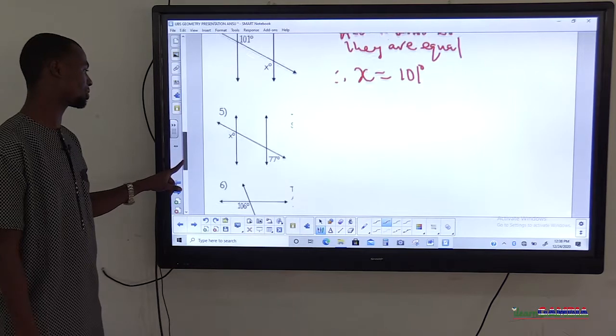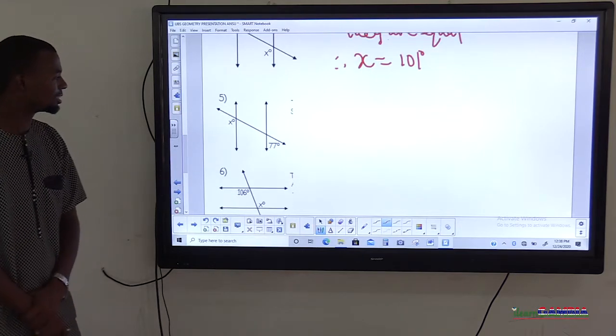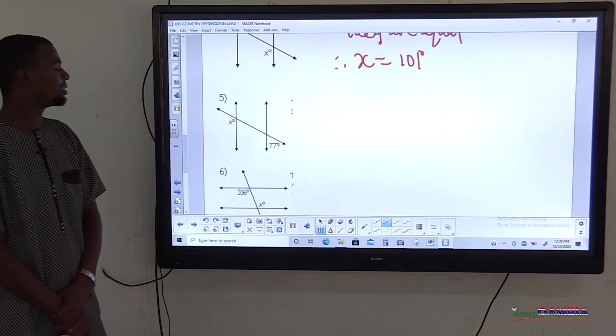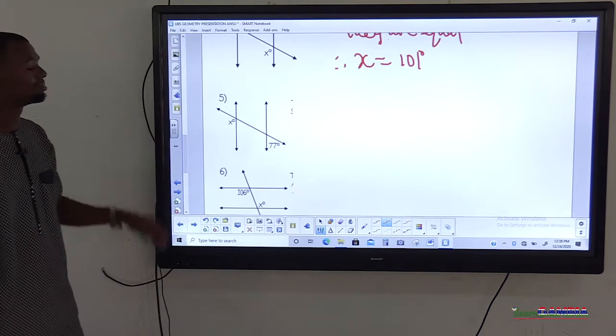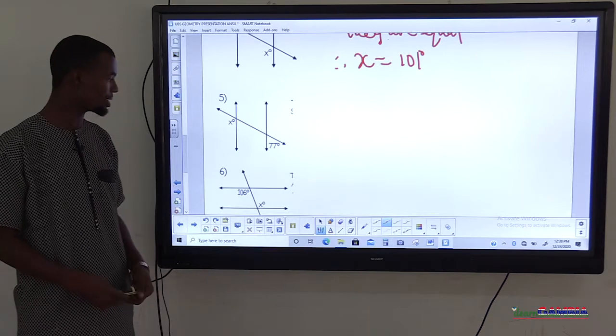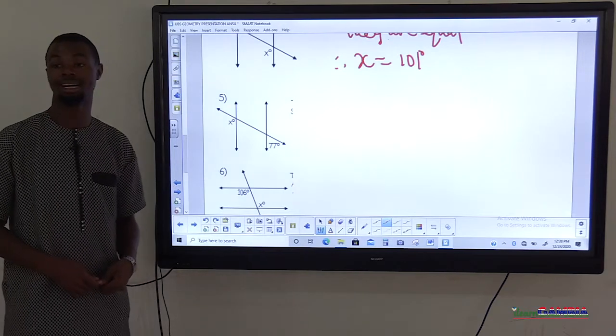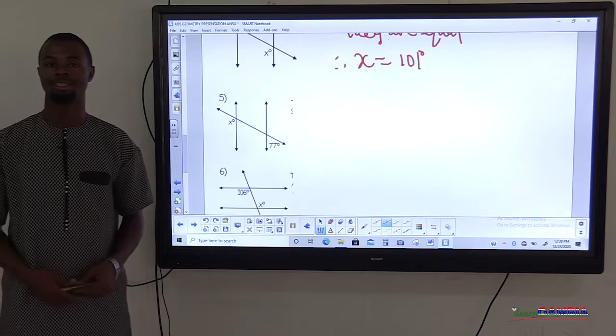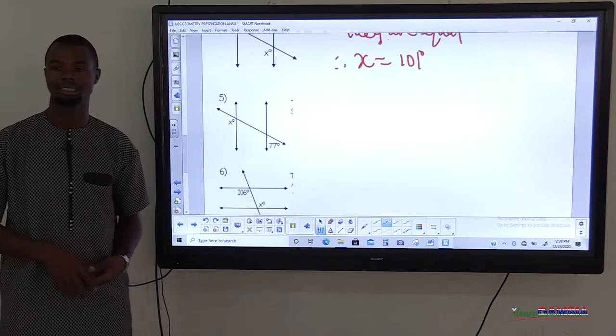We look at our next question. We have an exterior angle x and another exterior angle 77 degrees, at the same side. What type of angles are they?